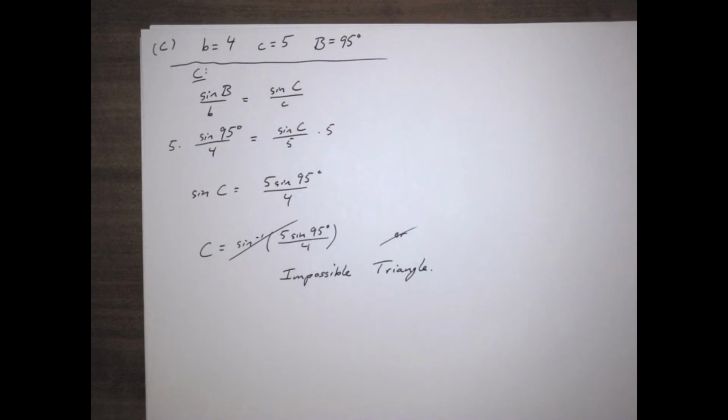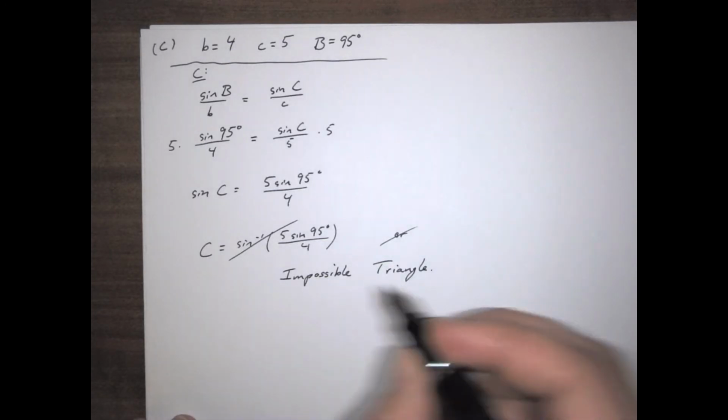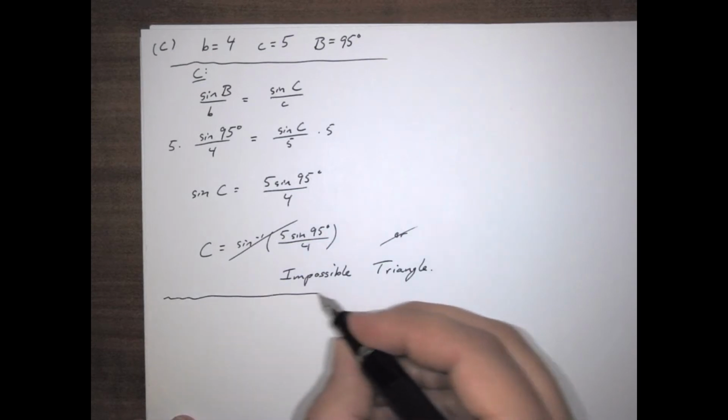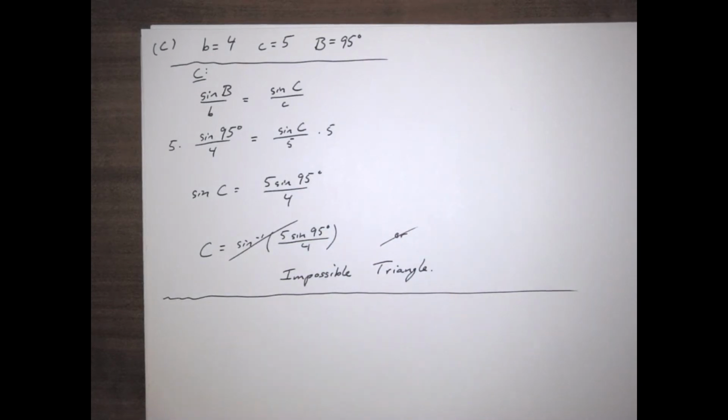So we could have actually, if we were being very observant at the very beginning, we might have known that this was a hopeless case because our little b is smaller than our little c, but there's no way for angle C to be larger than angle B. So this is an impossible triangle.